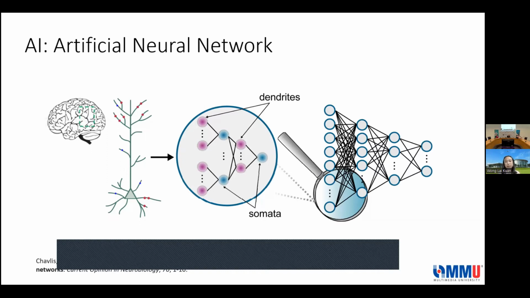Similarly, a neural network like this learns based on data. The more data it has, the more experience it can learn from, and it can actually become smarter, like a human.